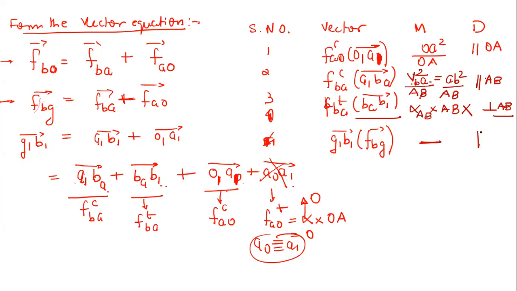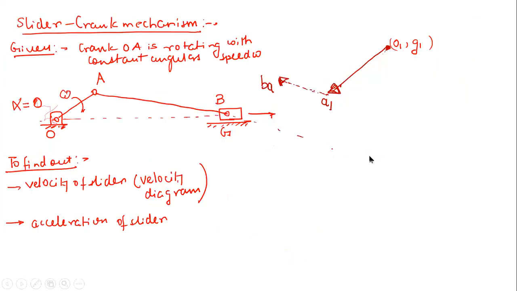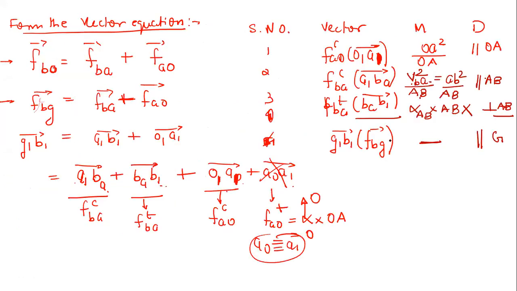But we still know the direction: it is parallel to G, because point B is located on this slider, and this slider always moves in the horizontal direction. Now let us draw these two vectors. The magnitudes of these two are not known, but the directions are known, right? We will start with this BA, B1.